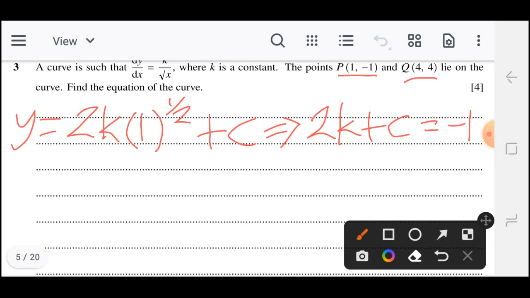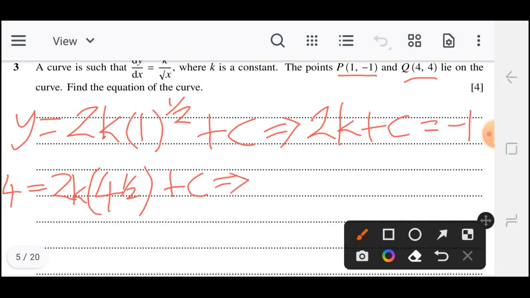We do the same with the coordinates of q. Our y is 4. So 4 is 2k, and the square root of 4, plus c.